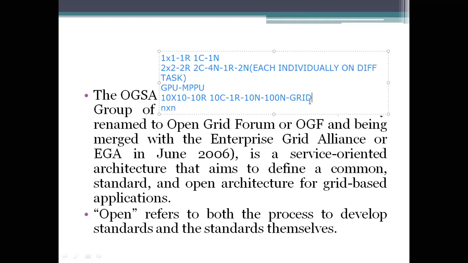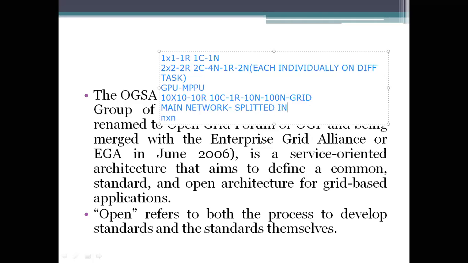Let me explain. First, there will be the main switch or the main network, and it is split into how many rows? We are having 10 rows.